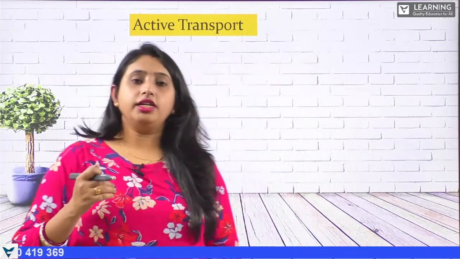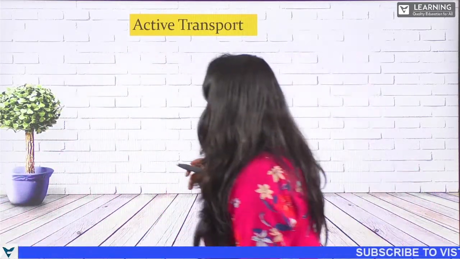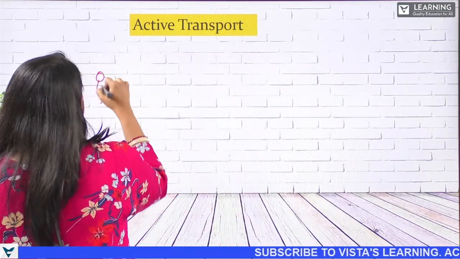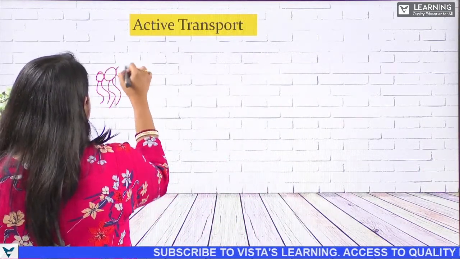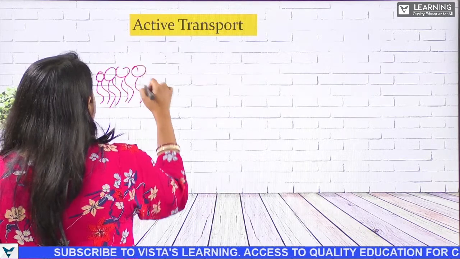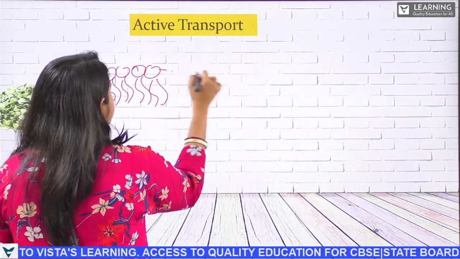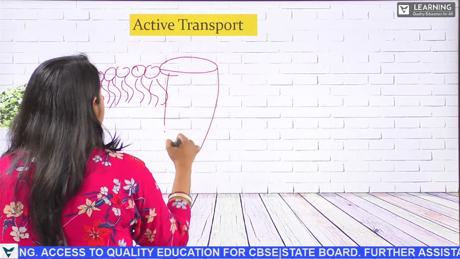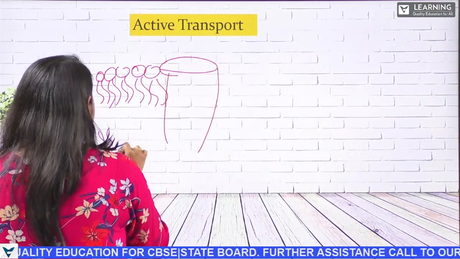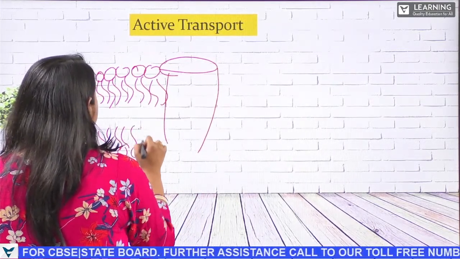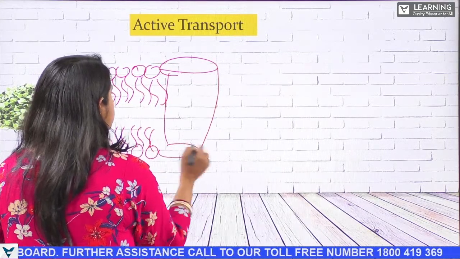Now, next, let us learn active transport. What is this active transport? Now see here, this is a plasma membrane. This is a protein. Here also, the phosphate and the lipid groups are present.